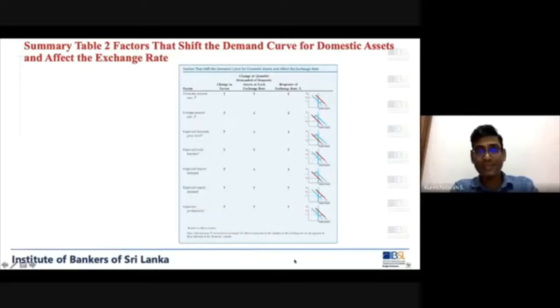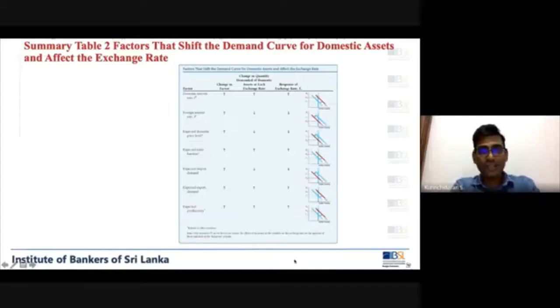And the fourth column refers to the response of the exchange rate, ET. What will happen to the exchange rate today? So you should be very careful. We always talk about what will happen today, ET, right?